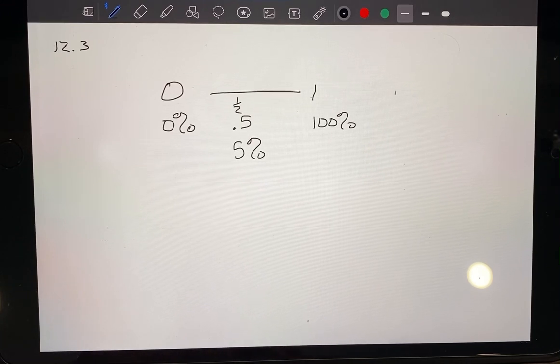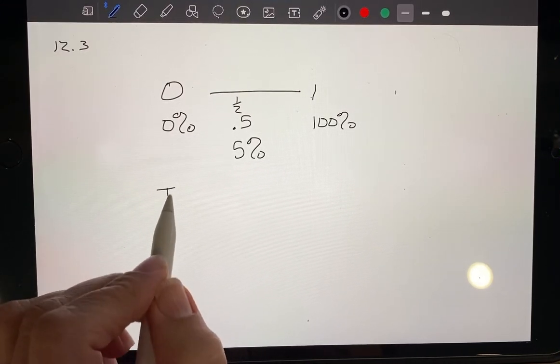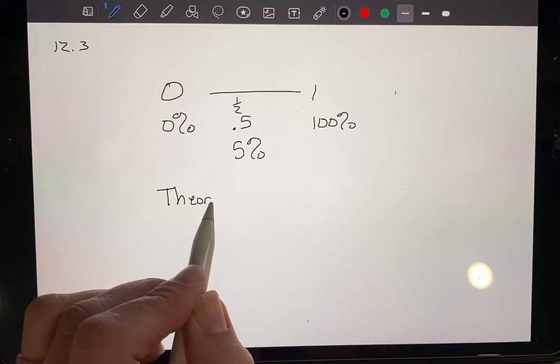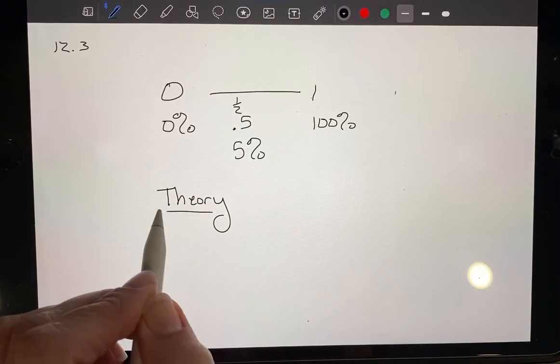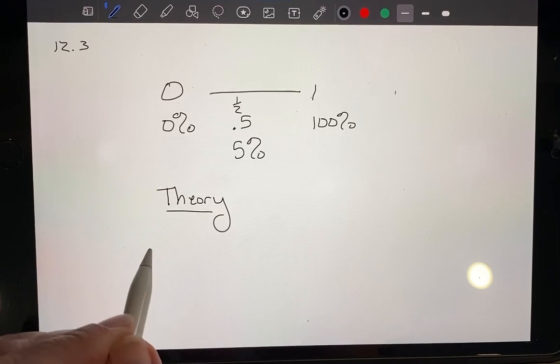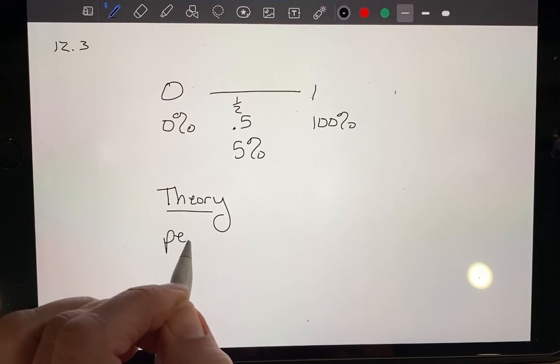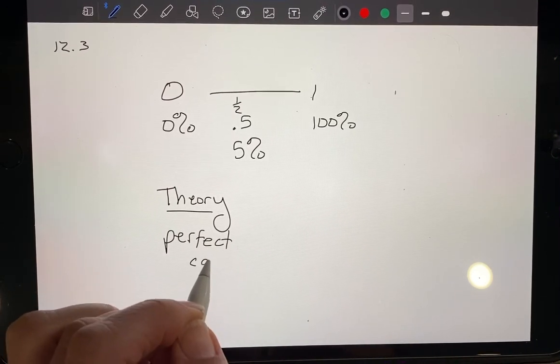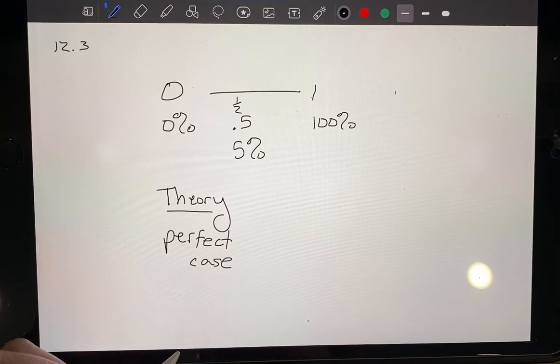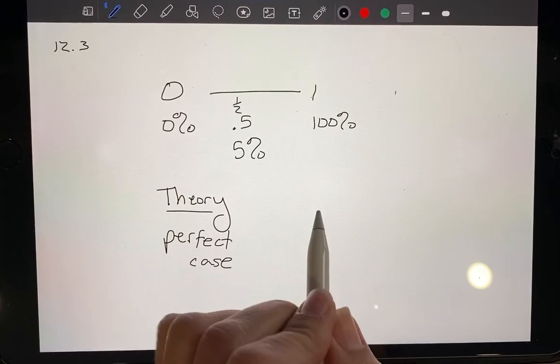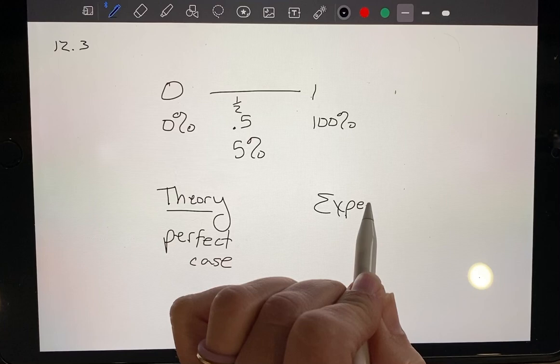Now, when it comes to probability, there's different ways that we can find it. There is theoretical. So often we hear, well, in theory, that would work. So theory means perfect case. So we're looking at perfect case scenario. Everything has an equal chance. Then often you have experimental.